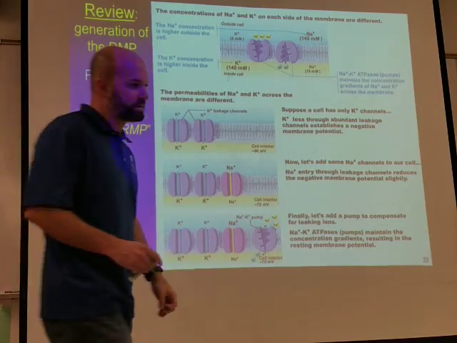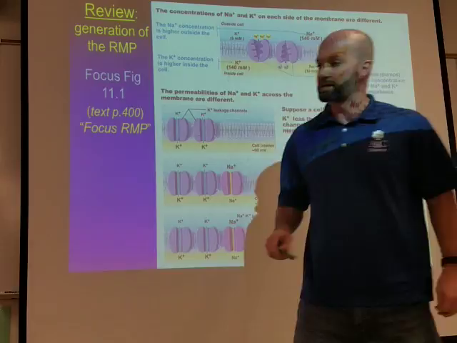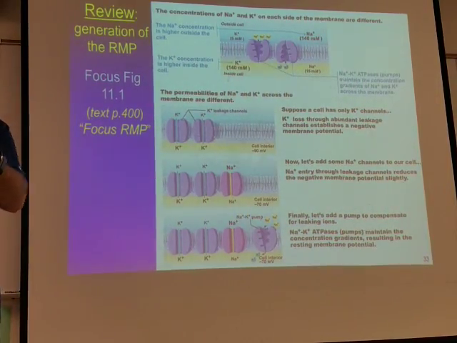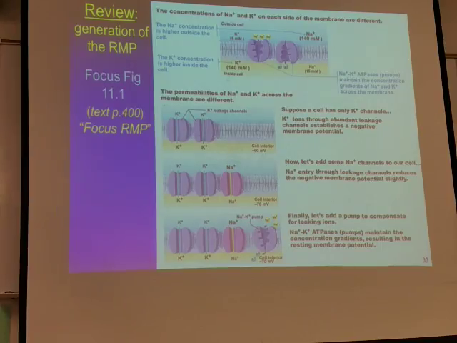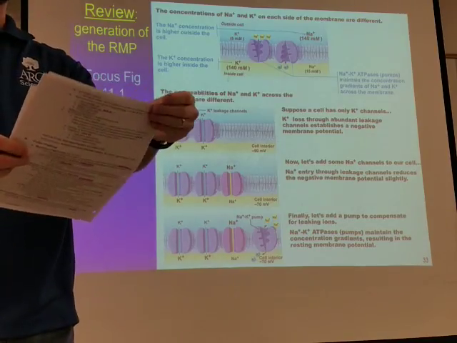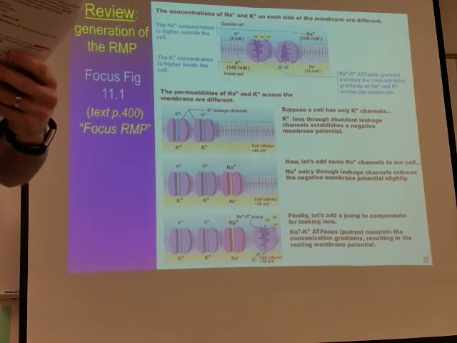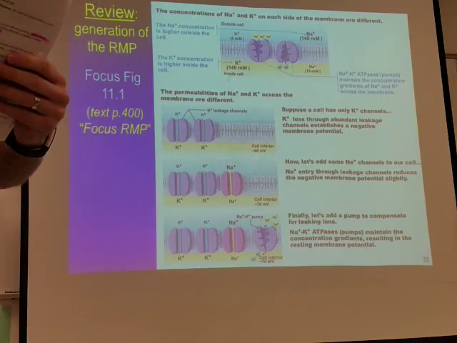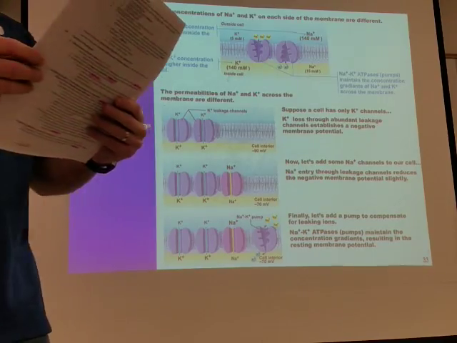I think I have a little statement on the study guide that summarizes that. Yep, so it's at the top of the page. It says recall equilibrium potentials and electrochemical gradients from Neurophys, chapter 11.